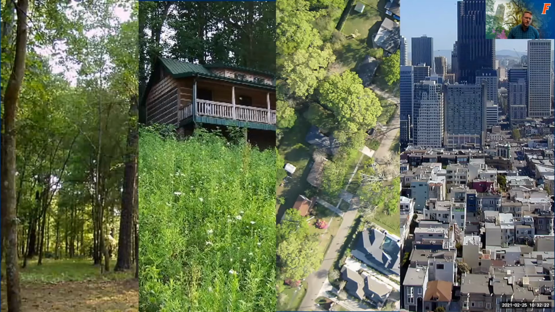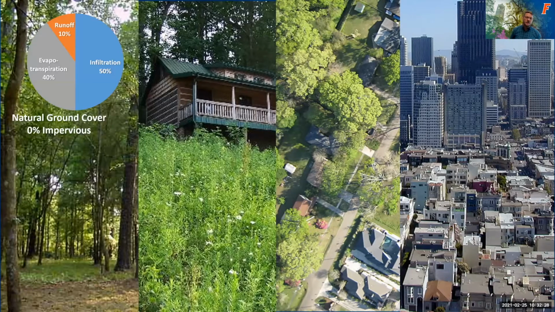Starting off, when we look at the range of land uses, we think about undeveloped areas. The condition or state of that area dictates what happens to the water that falls on it. If we have a natural ground cover area, no impervious area, no concrete, no asphalt, no roofs, a lot of water is going to infiltrate into the soil and then be taken up and evapotranspired by the plants and vegetation into the atmosphere, or infiltrate into the deeper groundwater, with only a little bit of that water, in this generalization 10% of annual rainfall, going to runoff.